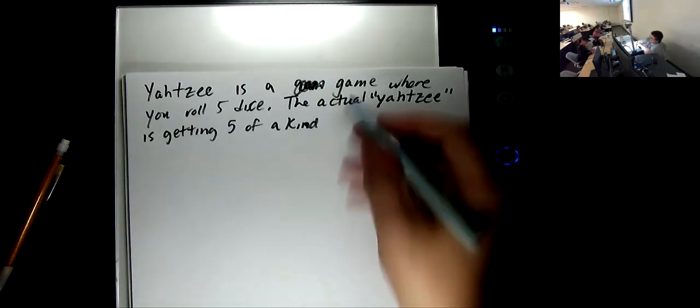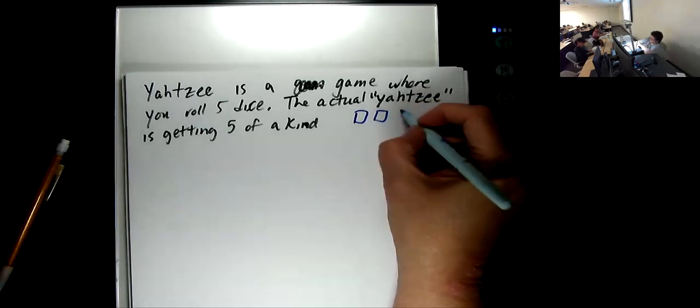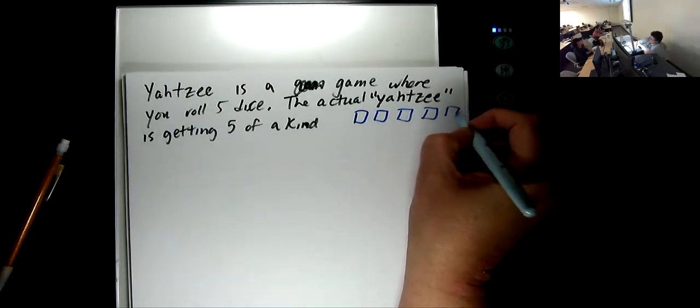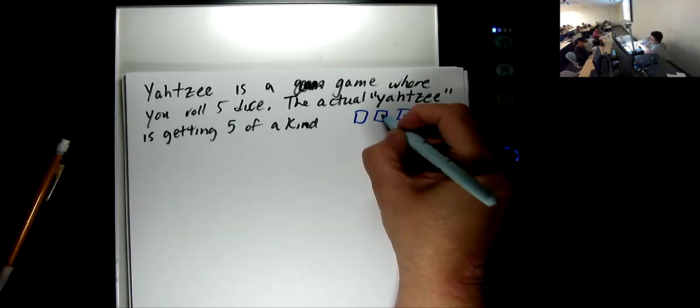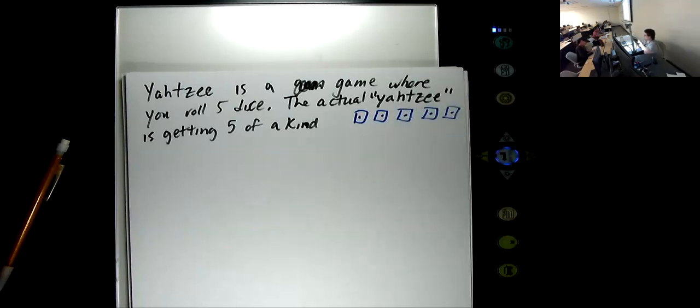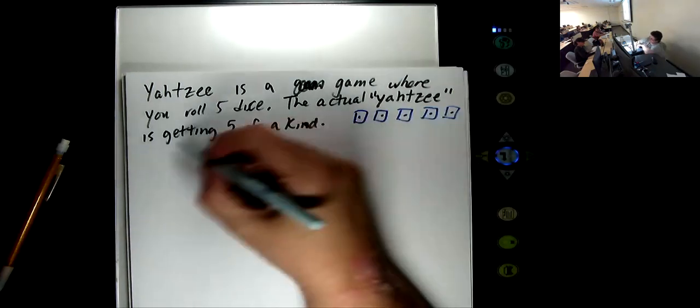So we could have all ones, and that's one form of Yahtzee. That's what I mean by 5 of a kind. The face-up point is the one that happens. And in the game, you get 3 throws, but we're not gonna look at that.